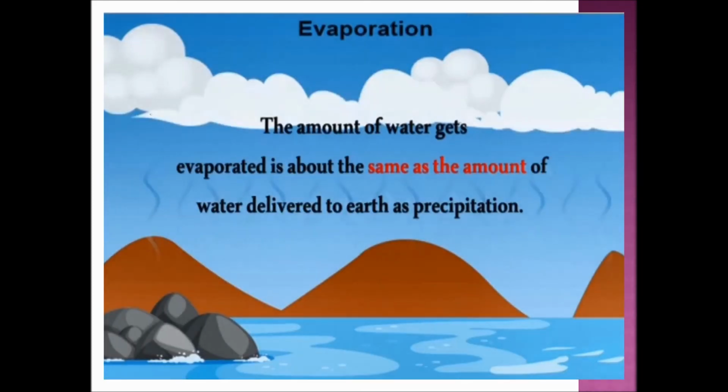The amount of water that gets evaporated is about the same as the amount of water delivered to earth as precipitation. So, evaporation is equal to precipitation.